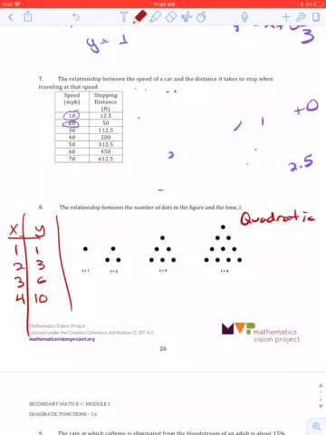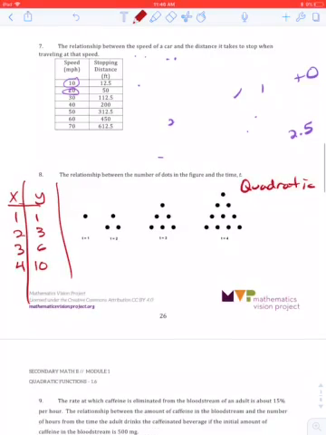I just wanted you to figure out if it was quadratic, linear, or exponential. And if you wanted to write an equation, that would be okay, but you didn't have to do that. And maybe we'll pause the video here and we can go through and figure out the equation for this one.